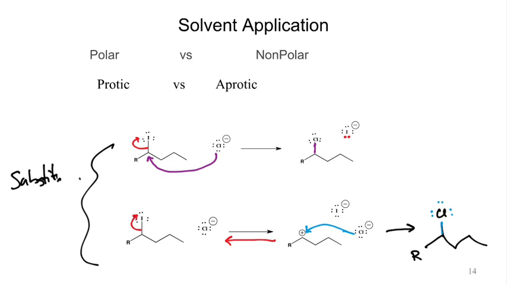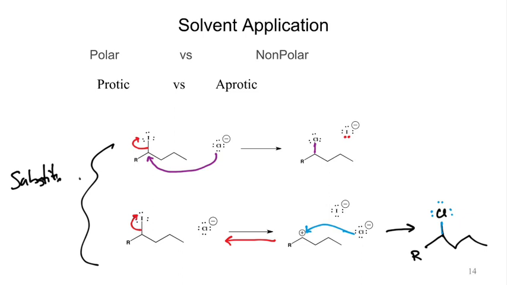We would need something to help this come into existence if this mechanism, this explanation of how, was to actually come into fruition. Could we add something to our reaction to help stabilize this? What else could we add to our reaction? A solvent.